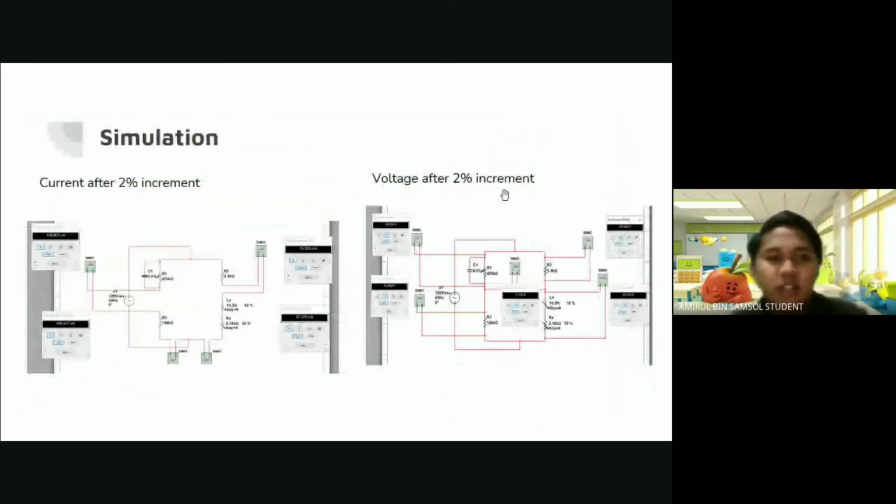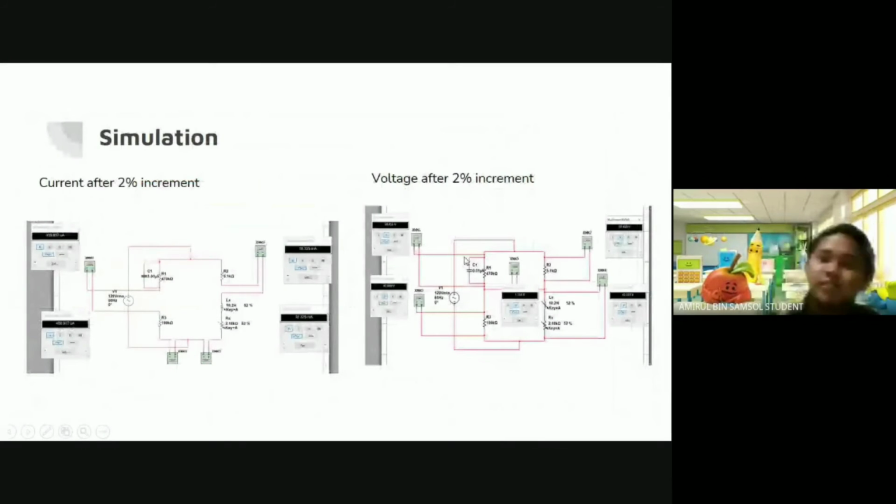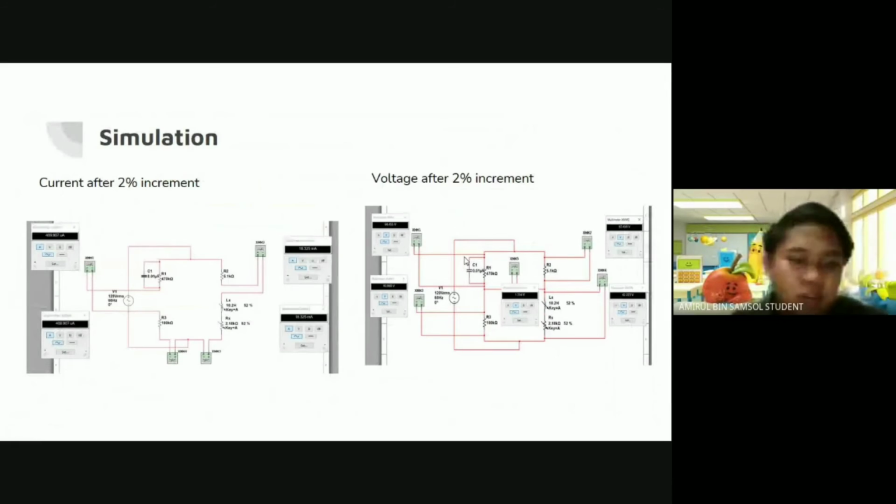So why do the current and the voltage change after the 2% increment?